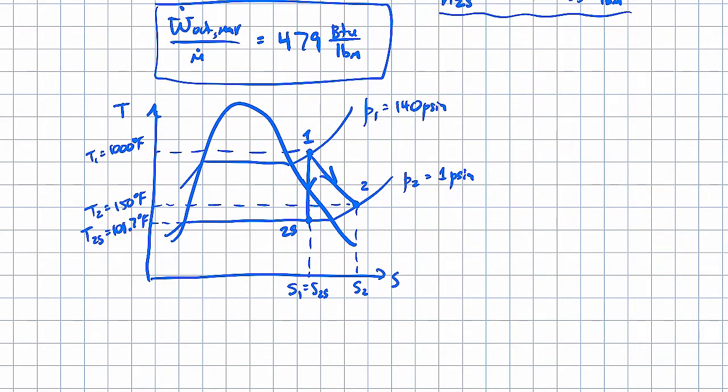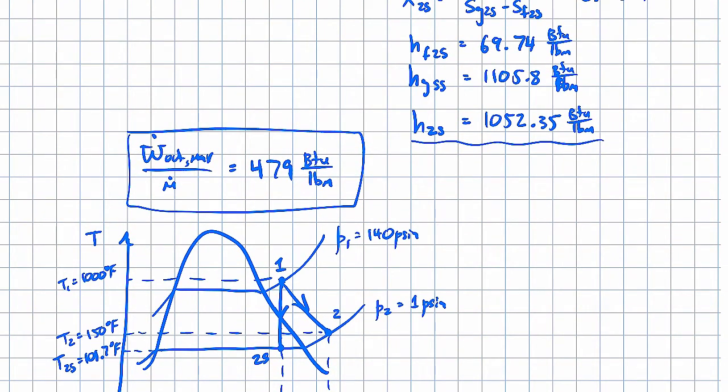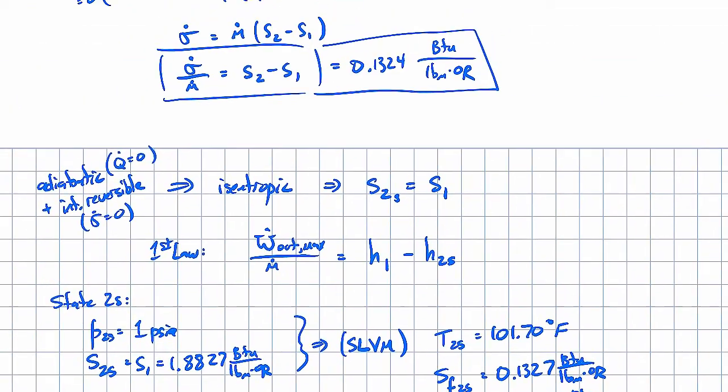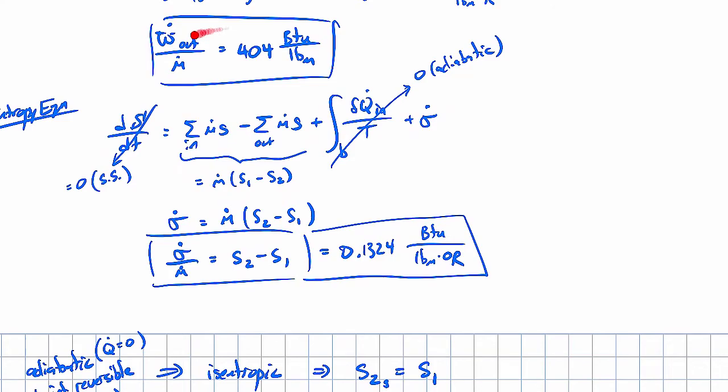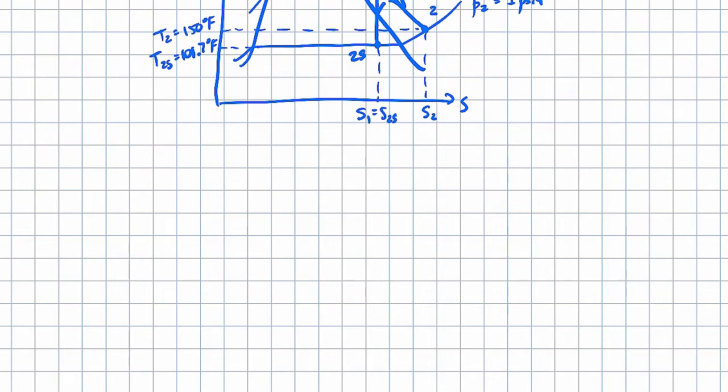Now the last thing that I want to do, this is a preview for some upcoming work, is we can start thinking about what's known as an isentropic efficiency for the turbine. We know what our maximum power out of the turbine could be for this situation, and then we have our actual power out of the turbine. So you can think about, how close are we to the maximum? That gives rise to an efficiency. We can define what's known as the isentropic turbine efficiency.